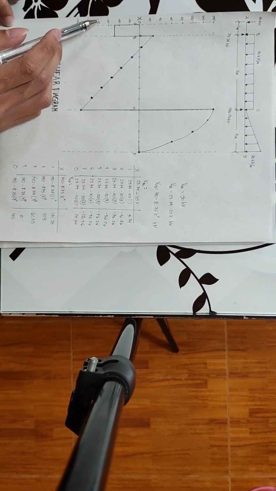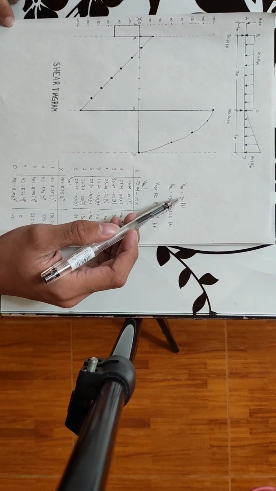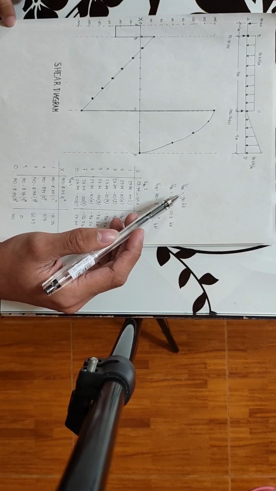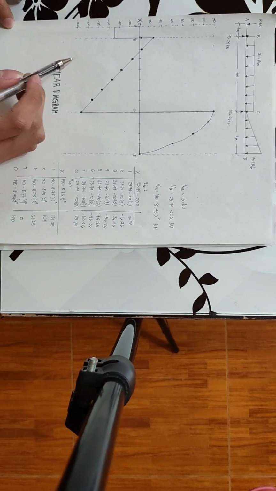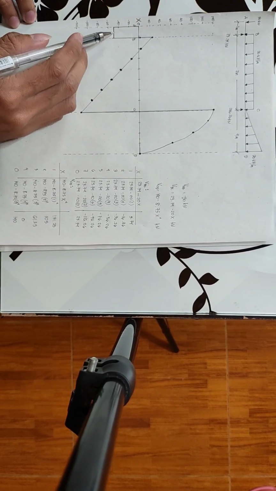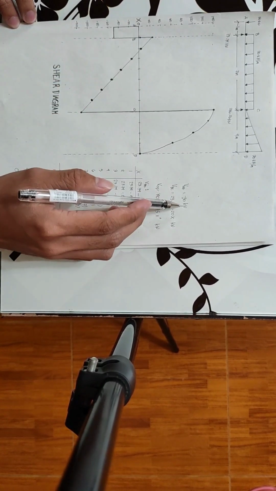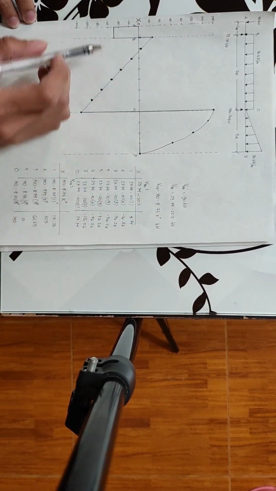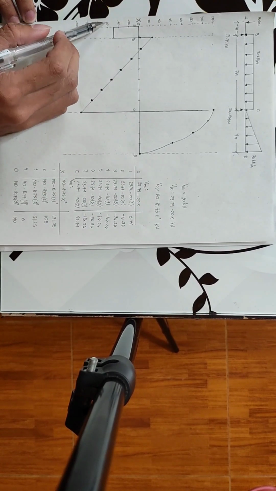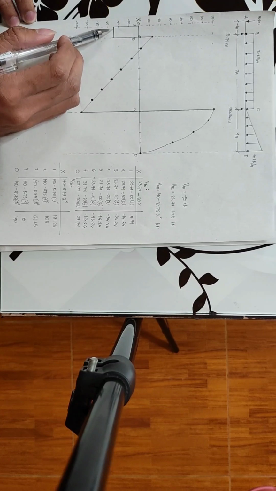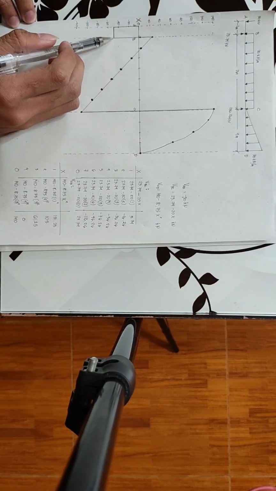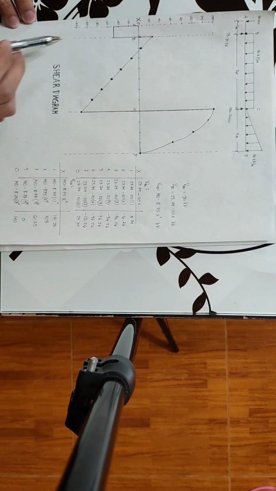As you can see here, since VAB is negative 50 only, if you plot it, it's just a straight line from A to B at negative 50, half of negative 100. So negative 50, a straight line to B.